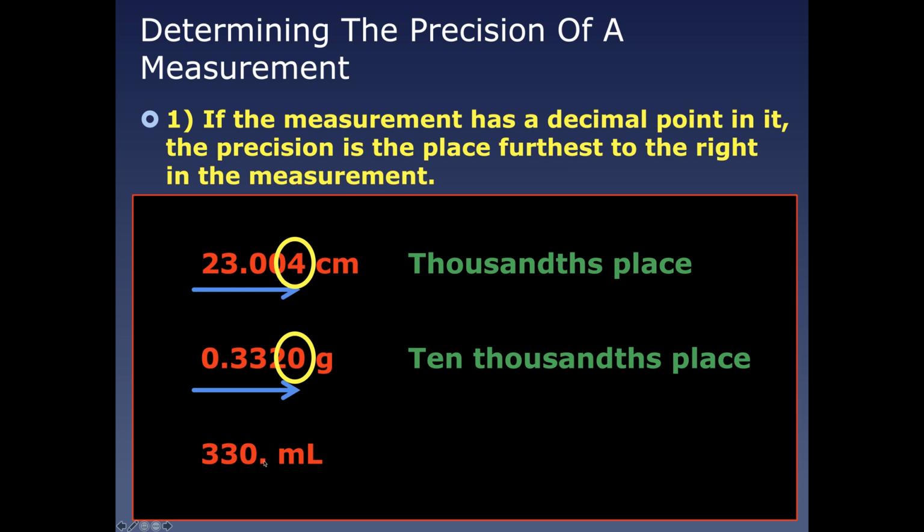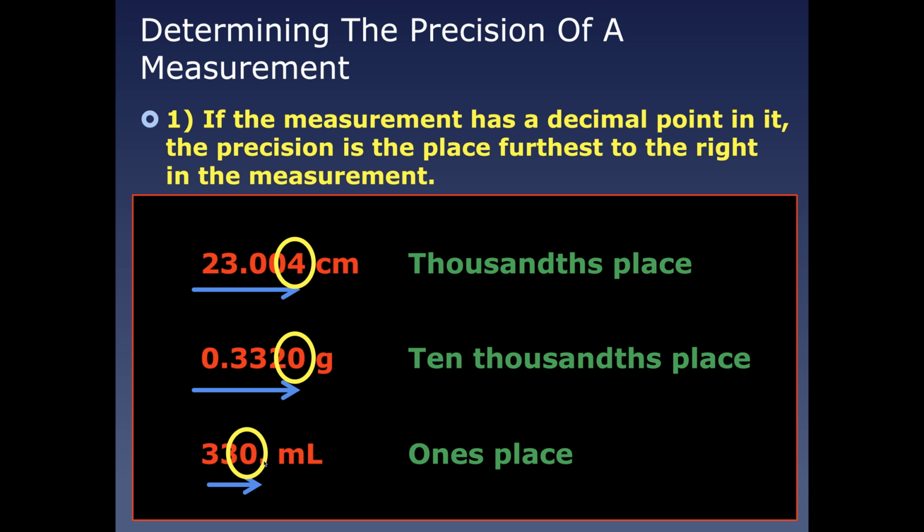Putting a decimal point is telling us that 330 is precise right to the ones place. Putting that decimal point after a zero, if you want to show that that zero in the ones place was measured, is going to be one of the trickiest things to remember, and yet one of the most important as well. So that's the precision.